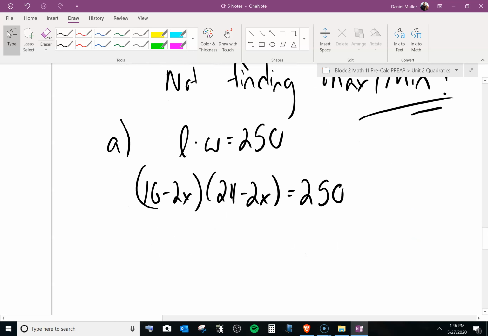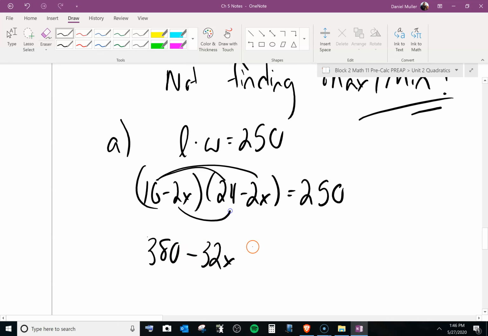Now, we can multiply this through. 16 times 24 is going to be 384. And that is negative 32x. And that's going to be negative 48x.